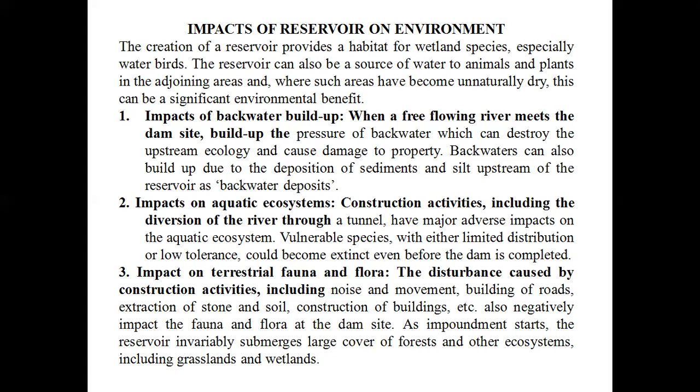Impact on terrestrial fauna and flora: the disturbance caused by construction activities, including noise and movement, building of roads, extraction of stones and soil, and construction of buildings, definitely has a negative impact on fauna and flora near the dam site.